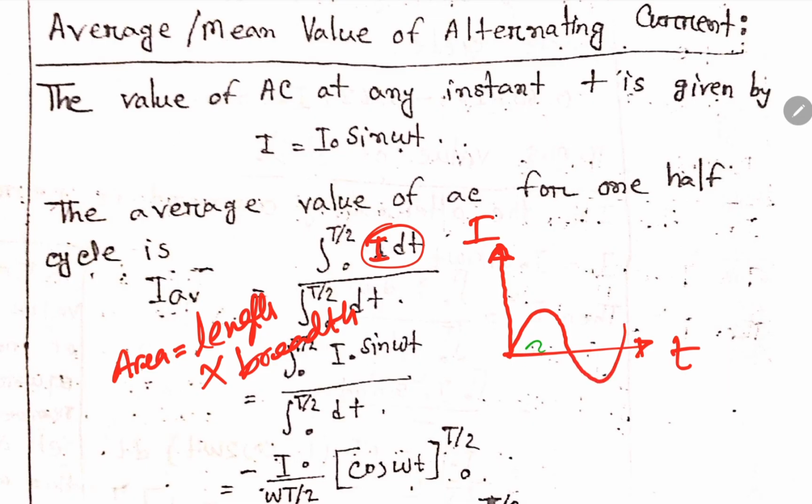My length is I, which is this value, and my time is my breadth, which is the value on the x-axis. Let me rewrite it.